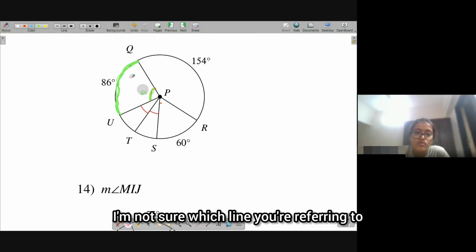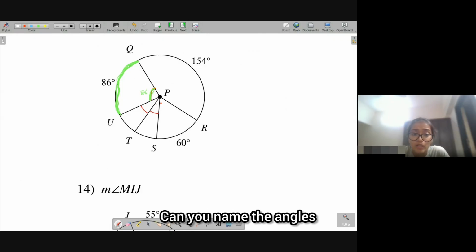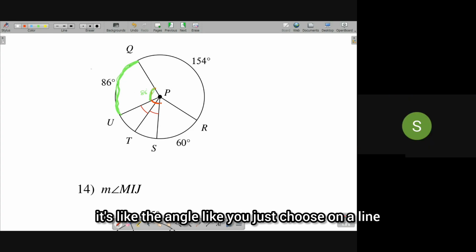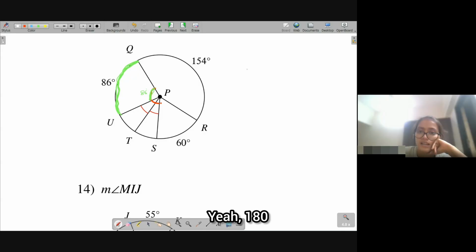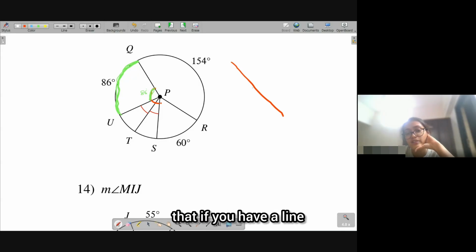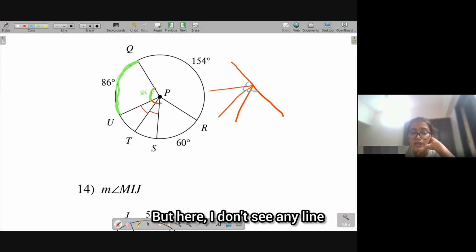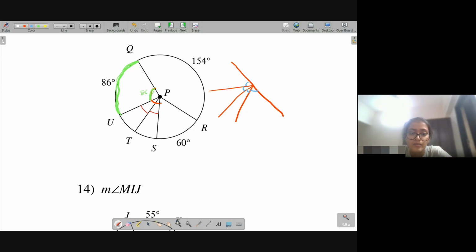I'm not sure which line you're referring to. Can you name the angles? Yes, you're right that if you have a line and you have angles like this, this angle plus this angle plus this angle plus this angle will all be 180. But here, I don't see any line.